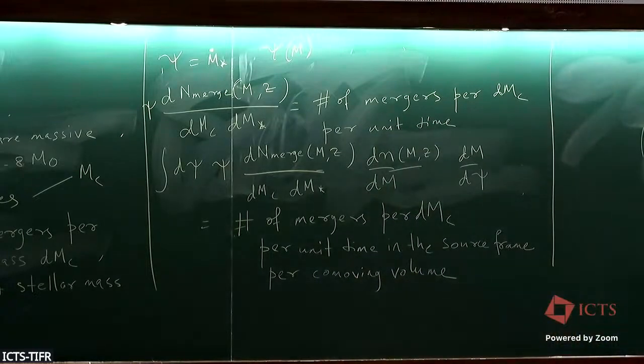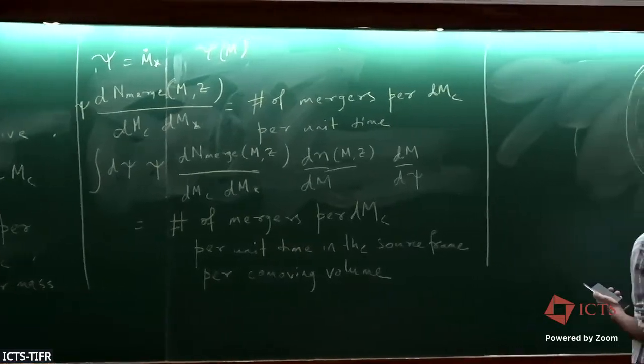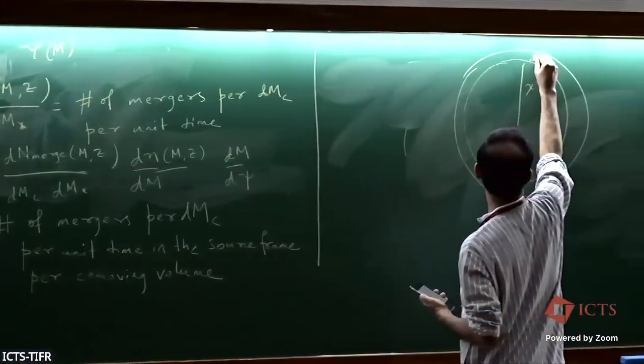One is converting redshift into volume, something we did earlier. If I am interested in all the events coming from a particular redshift range, that redshift range is sitting at some distance. This is that distance, chi, and this is that thickness, delta z or delta chi, whatever you want to say.